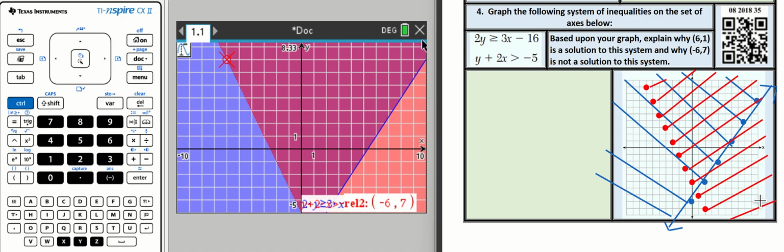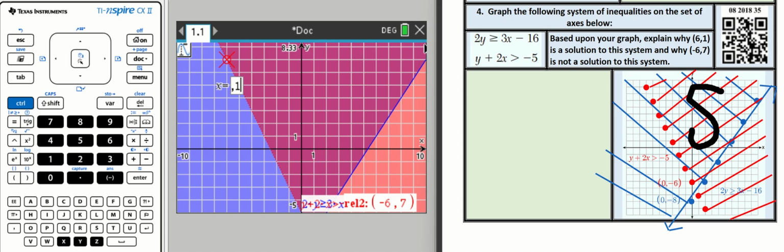We want to make sure everything's shaded where it should be. You don't want to scribble or anything. Now, where it's kind of etched, right, with blue and red, that's our solution. We want to mark it. Here it shows as purple. Okay, and we want to label some points and label our graph.